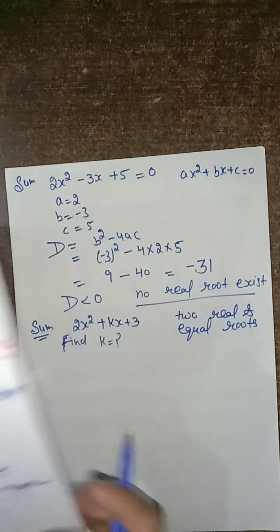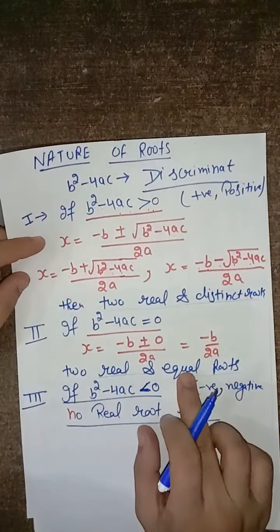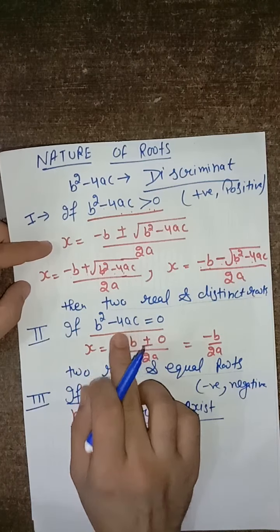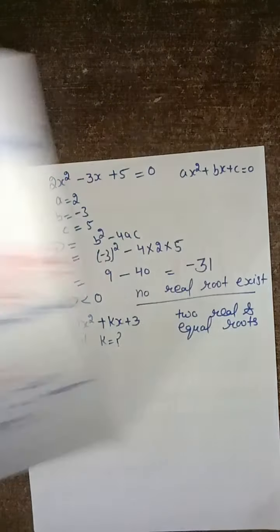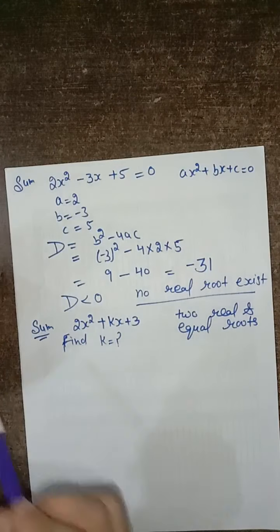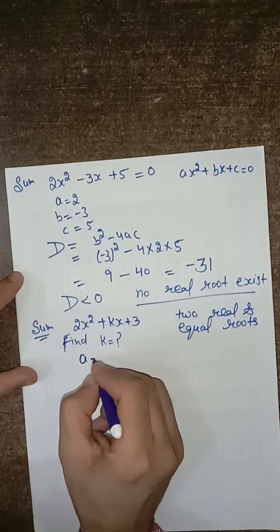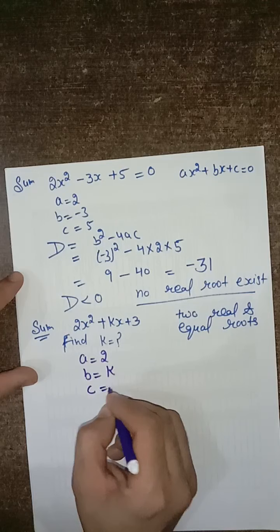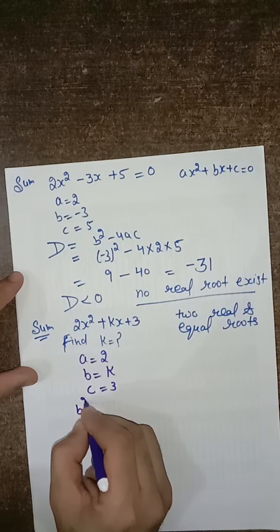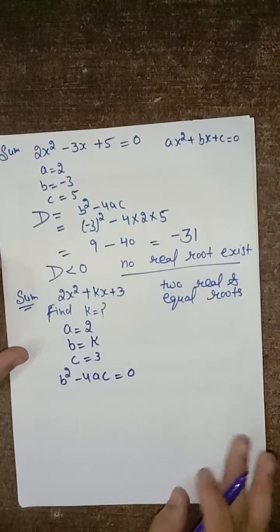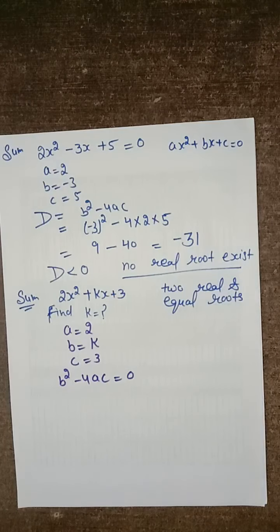And you know, for two real and equal roots, b square minus 4ac, that is the discriminant, should be equal to 0. So first find a, b and c. Here a is 2, b is k and c is 3. And b square minus 4ac should be equal to 0 because we have two real and equal roots.